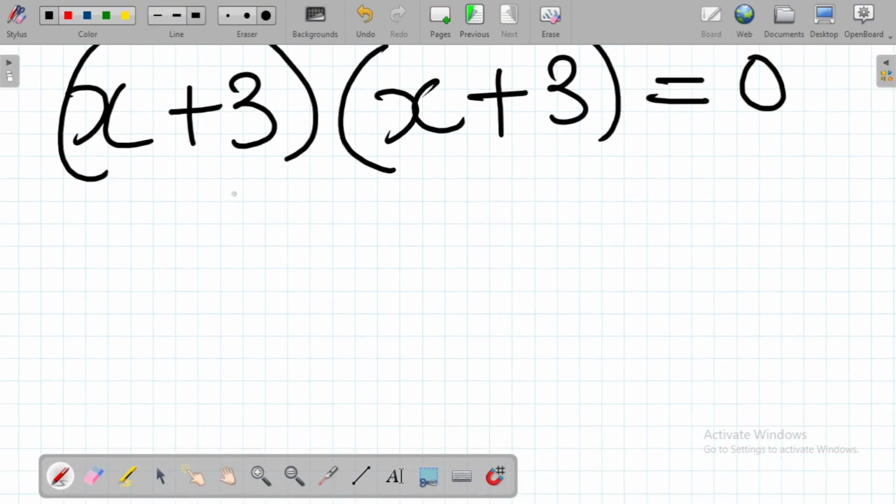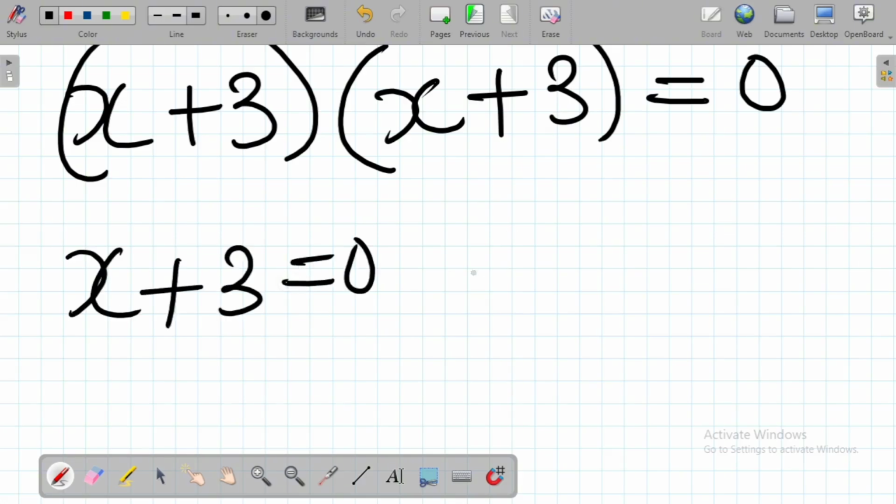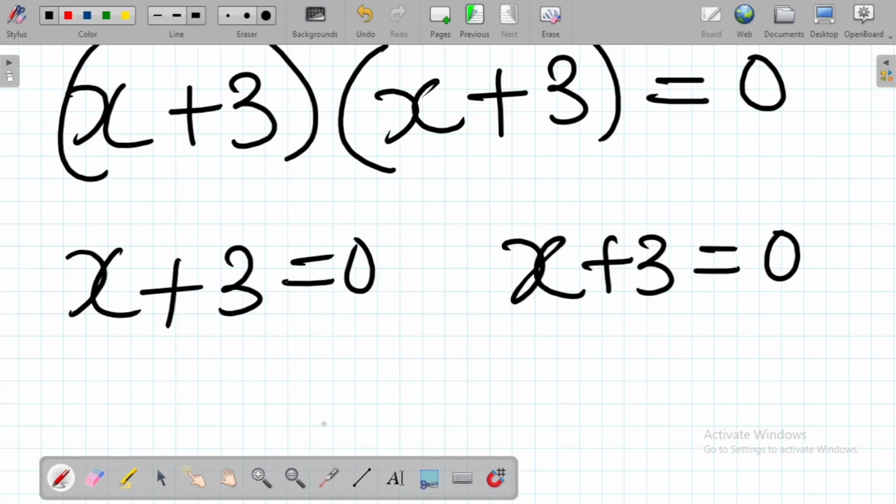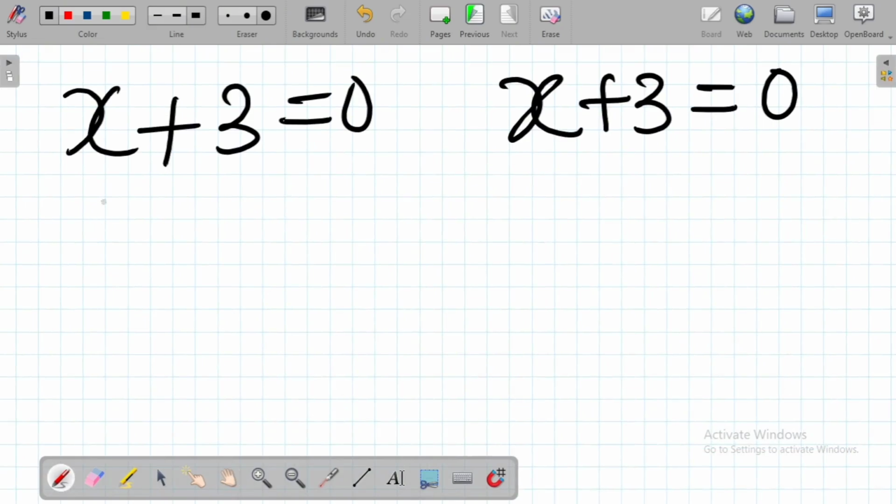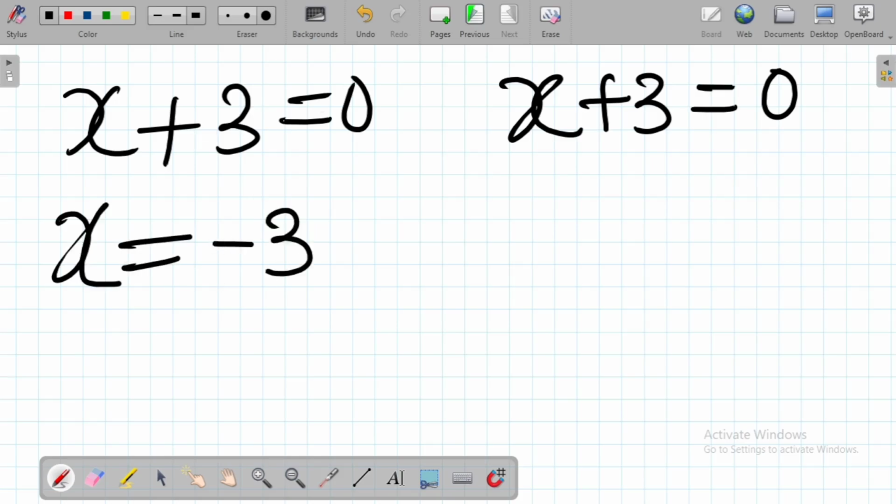Our next task here is to equate each of these brackets to 0. So here we have x plus 3 is equal to 0. And then x plus 3 is equal to 0. Now let's find the value of x. x is equal to, if you move positive 3 to the right hand side, it becomes negative 3.